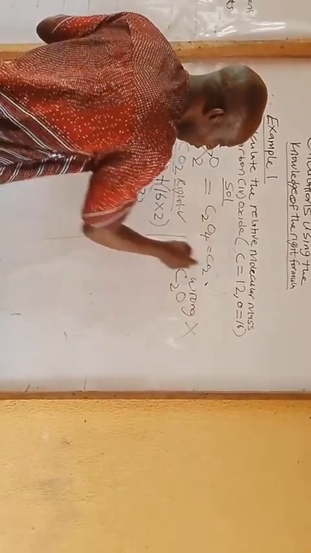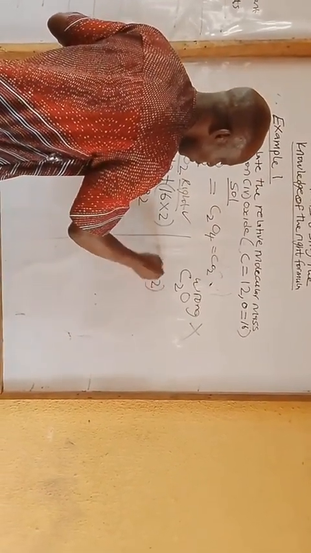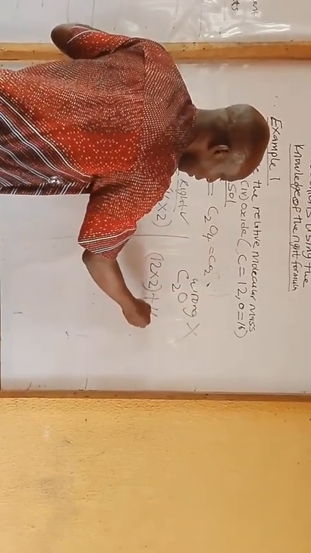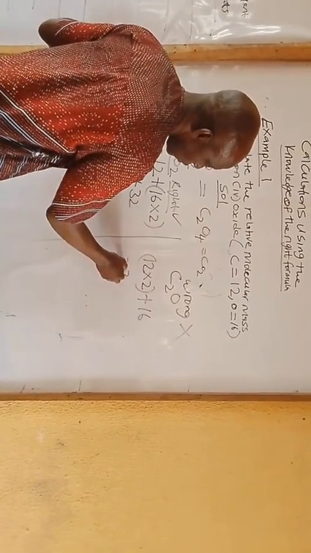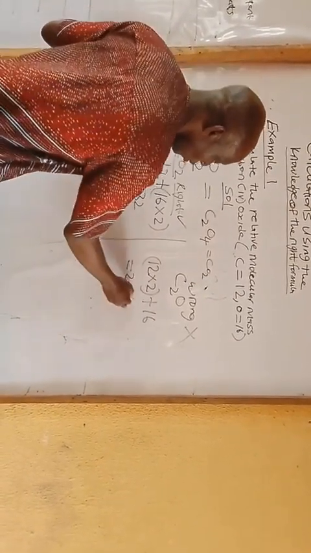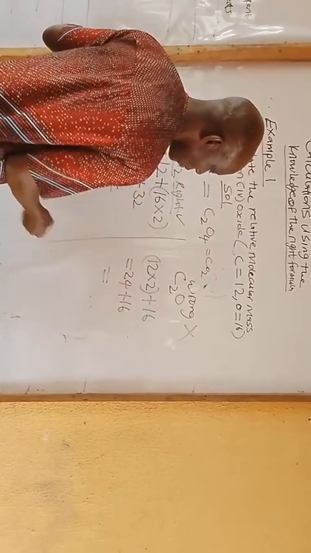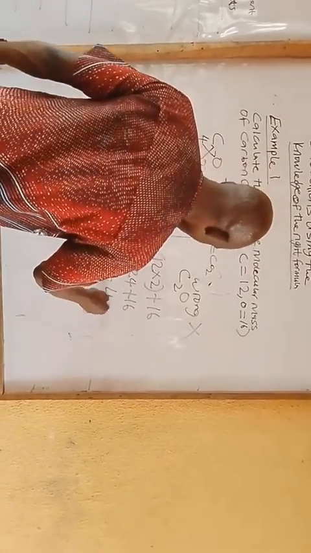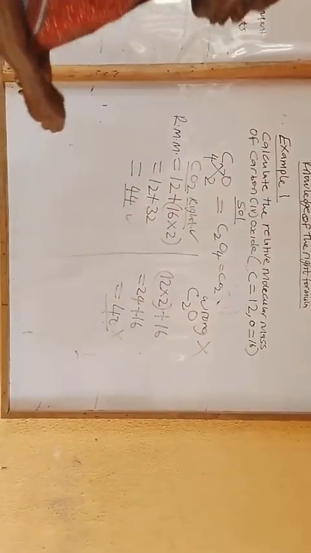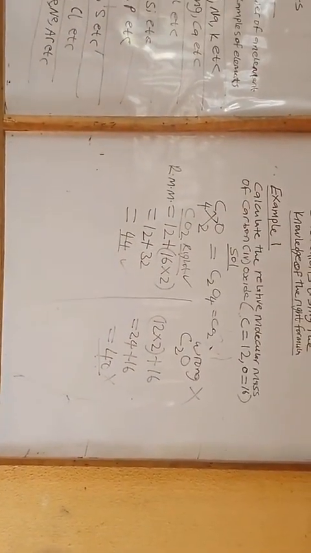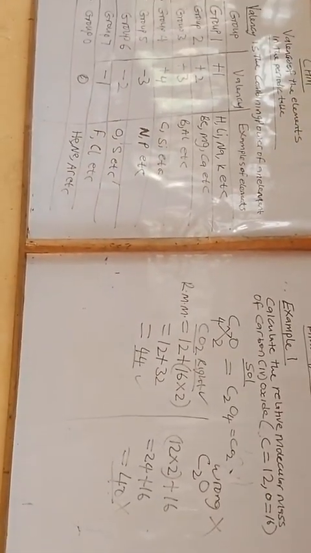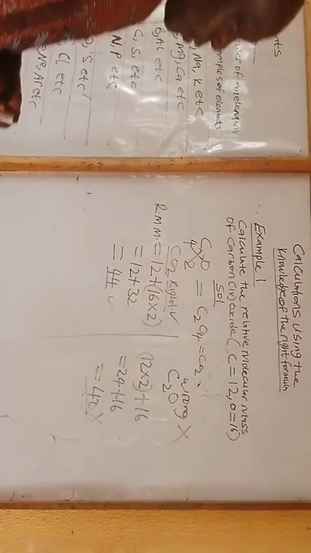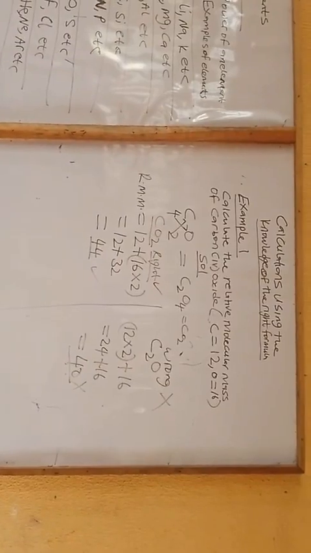So you have 12 times 2 plus 16. 12 times 2 will give us 24. Plus 16 will give us, I think, 40. So that is the importance of formula. I'm trying to bring this in for you to appreciate the importance of writing the correct formula. Where the formula is wrong, the calculation will be wrong, and points will be lost in any test or examination.